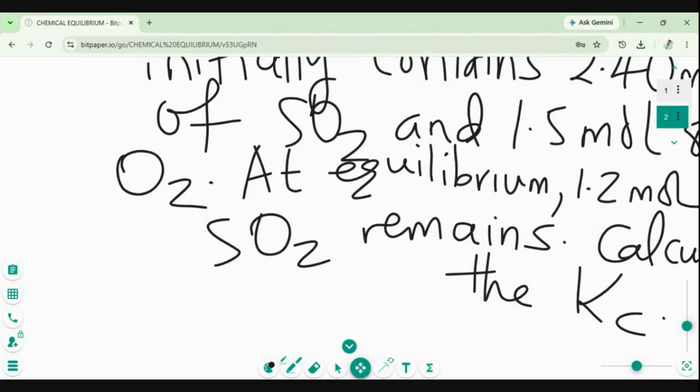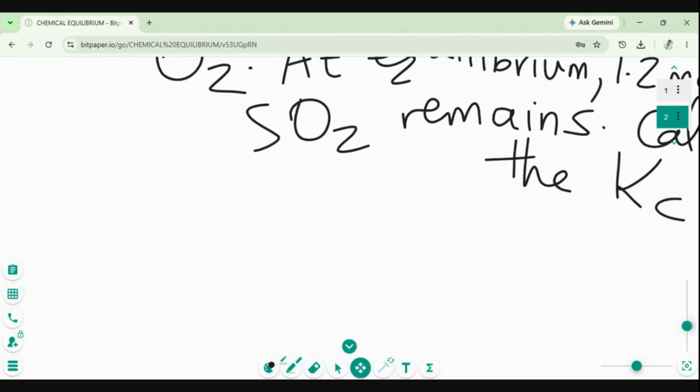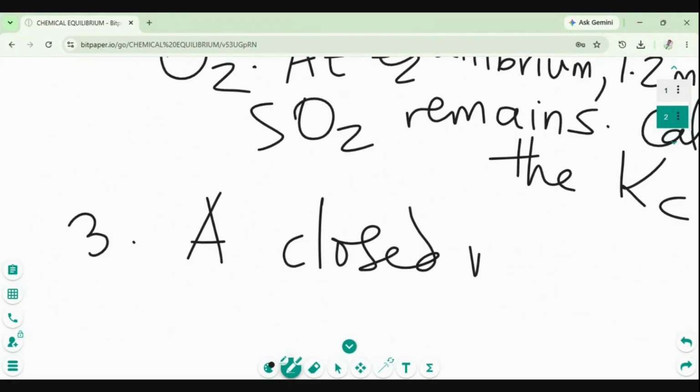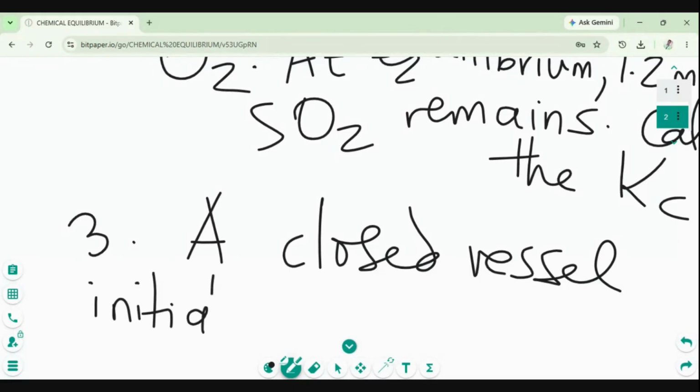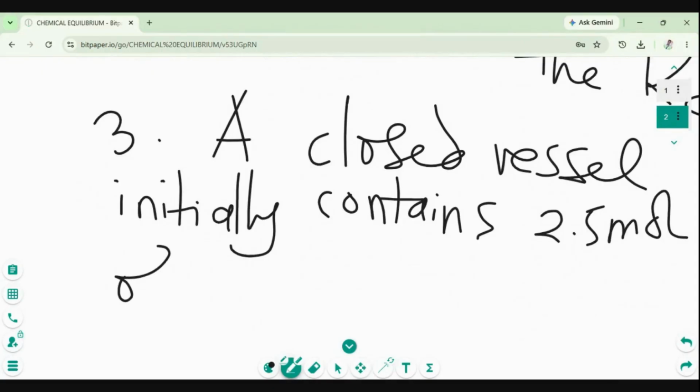And then finally, this one says, a closed vessel initially contains 2.5 moles of phosphorus pentachloride.